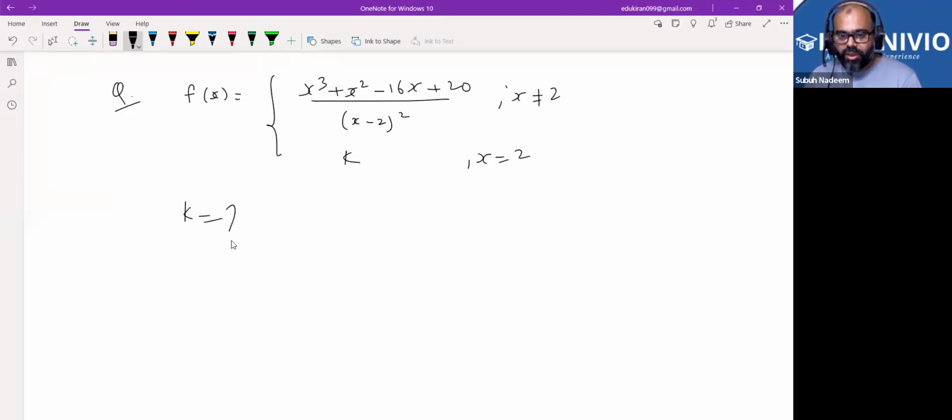Now you have to find the value of k for f(x) to be continuous at x is equal to 2.